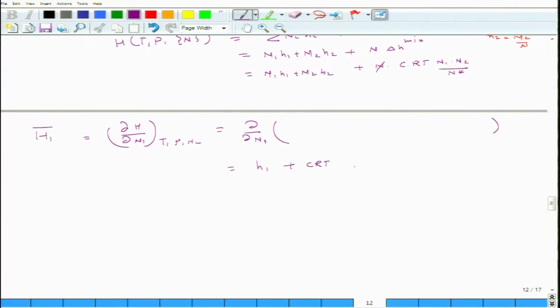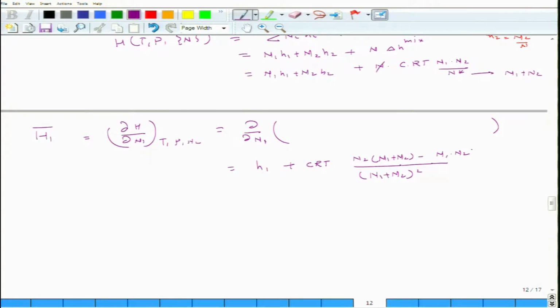This N is nothing but N1 plus N2, so this becomes N1 plus N2 square. I will take the differentiation of this term first. That will be N2 multiplied by N1 plus N2 minus, differentiating N1 first, which will be just 1, multiplied by N1 times N2.